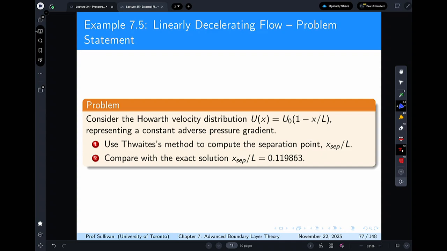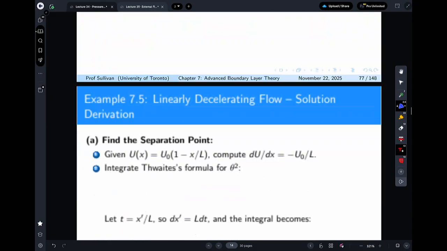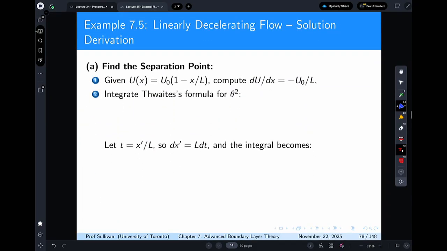Compute using Thwaites' method x separation over L, and compare to the exact solution of 0.119863. And again, this exercise is only there to convince you that you can do these sorts of things pretty well. So if you have u of x, you have du dx, which is minus u naught over L.